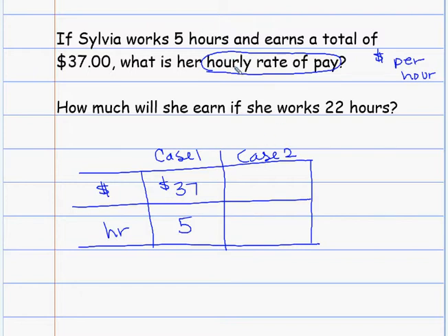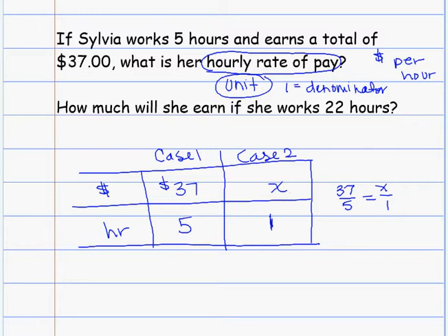Well, remember, hourly rate of pay doesn't say how many hours, so that's your base rate or your unit rate. The unit rate will have 1 in the denominator. So we want to know, okay, if she makes $37 in 5 hours, how much does she make in 1 hour? And so again, we have a proportion, 37 over 5 equals x over 1.